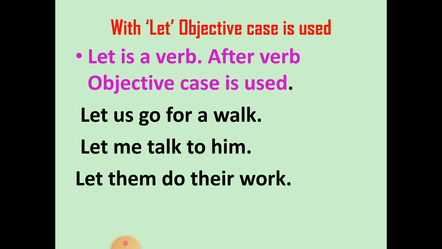So the right answer will be "Let us go for a walk." Second is "Let me talk to him." Not let I, but let me talk to him. "Let them do their work," not "let they do their work." So after let we always use the pronoun as an object.